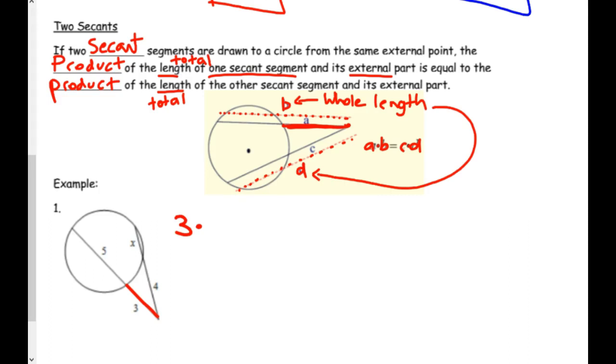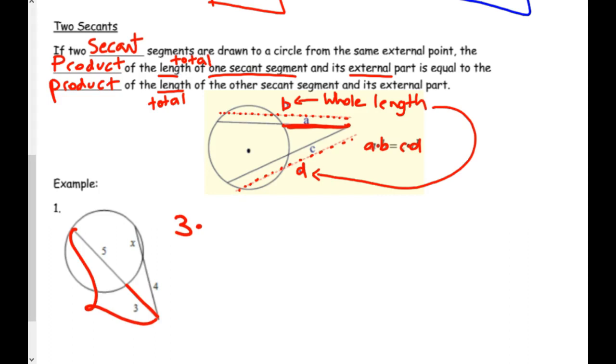Who thinks I'm going to multiply it by 5? It is not 5. Remember, it's supposed to be the whole length. What is this whole length? 5 plus 3. Do you see how that can be confusing if you just look at it? You're like, 3 times 5, duh.